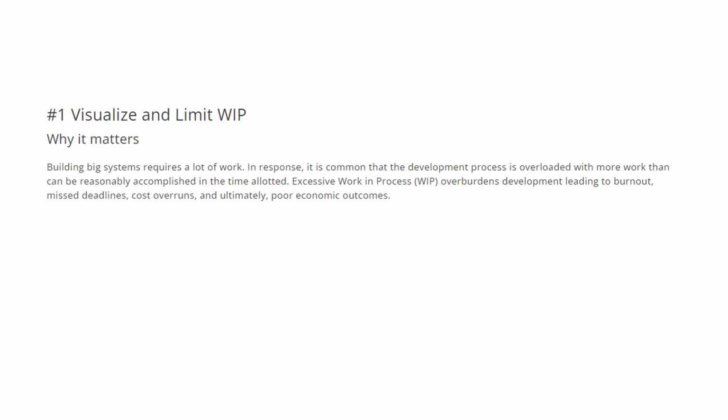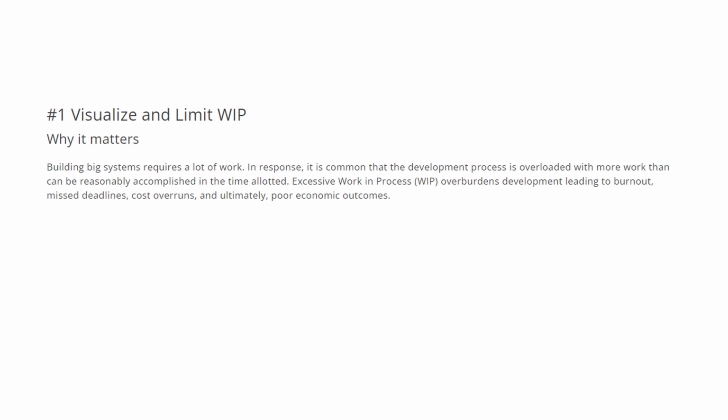Let us begin this video with the first flow accelerator, which is visualize and limit WIP. Why does it matter for a solution train flow? Building big systems requires a lot of work.